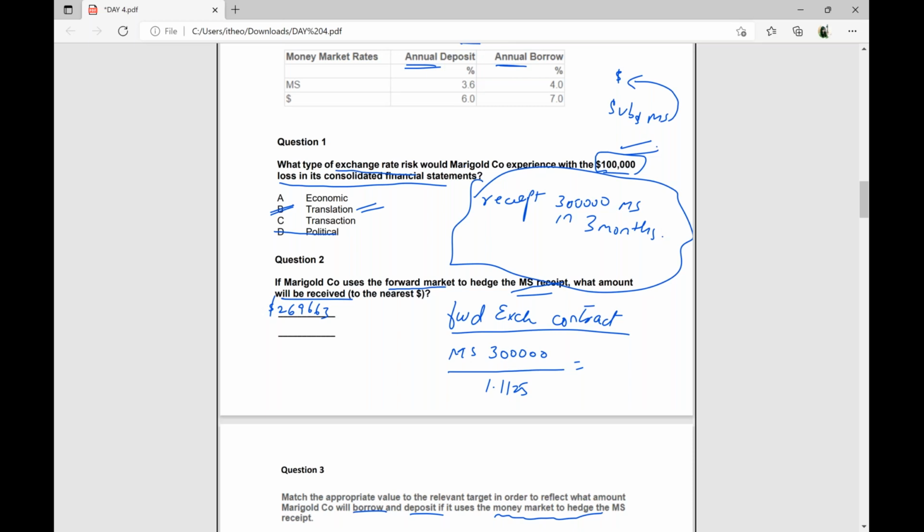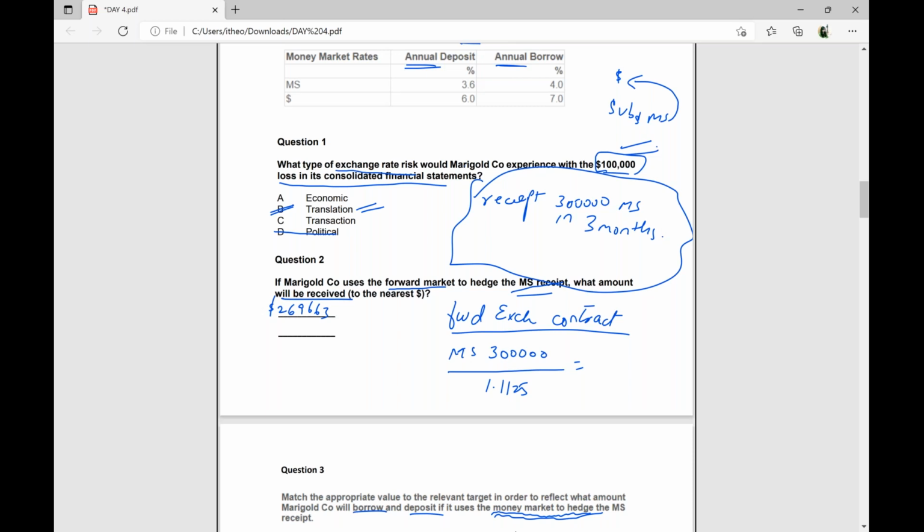In short, the question is asking money market hedging.